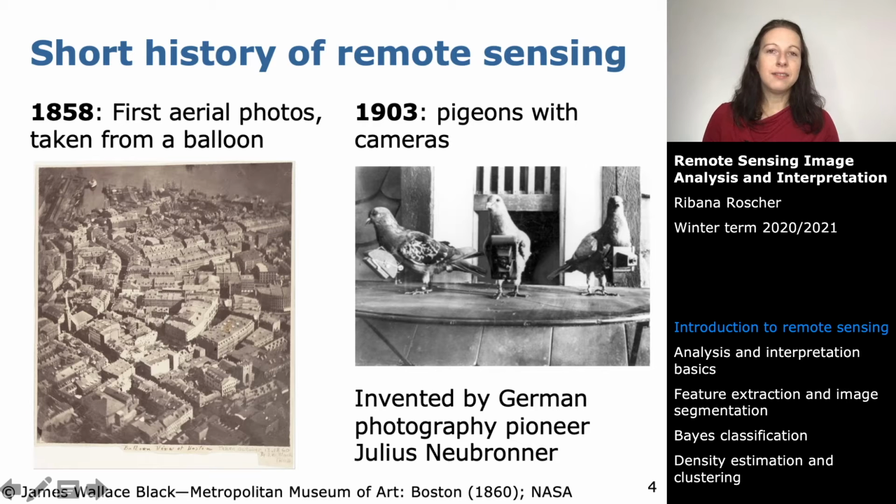The advantage was that balloons were easy to shoot down, but pigeons were not. So they took small cameras and mounted them to these pigeons, attached to these birds, and the timer was set to take pictures every few seconds.